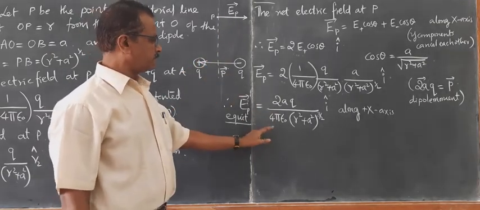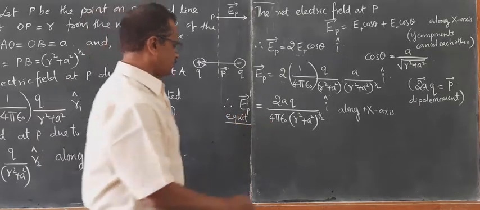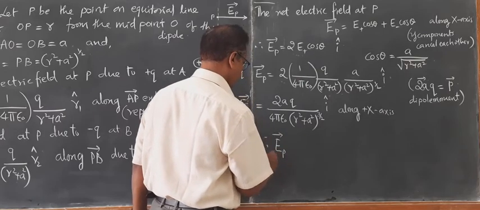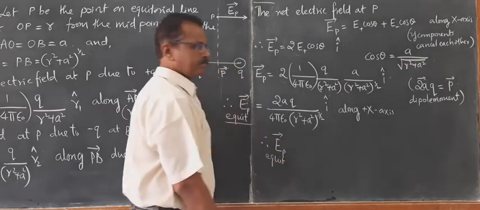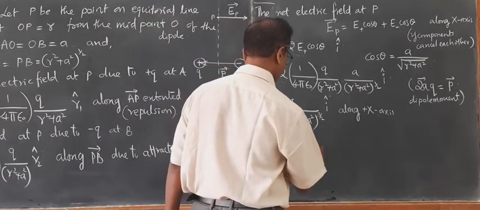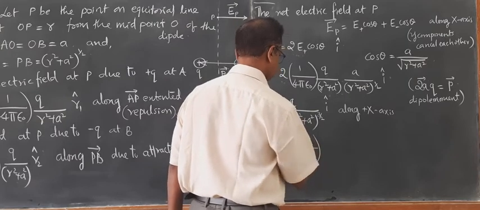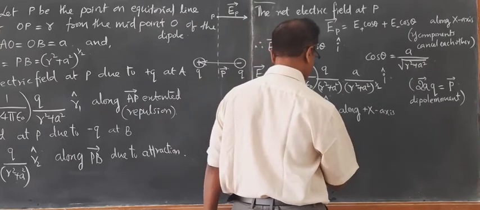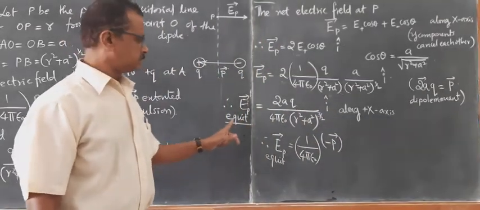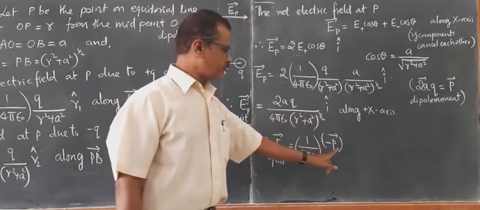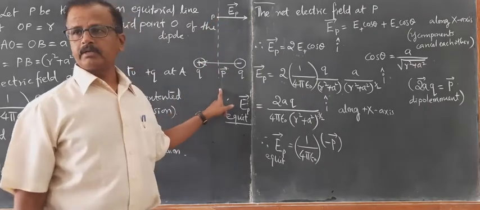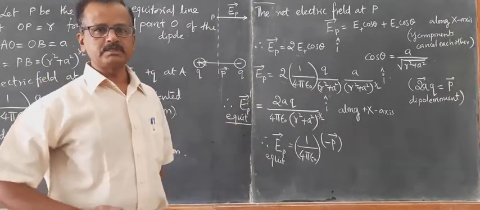Therefore, I can write the same thing in another manner. EP at the equatorial plane, or the electric field at the equatorial plane, is equal to 1 upon 4 pi epsilon naught into minus P vector, purposely writing minus P vector so that you can see that the direction of the dipole moment vector and the electric field vector along the equatorial line are exactly in opposite directions.